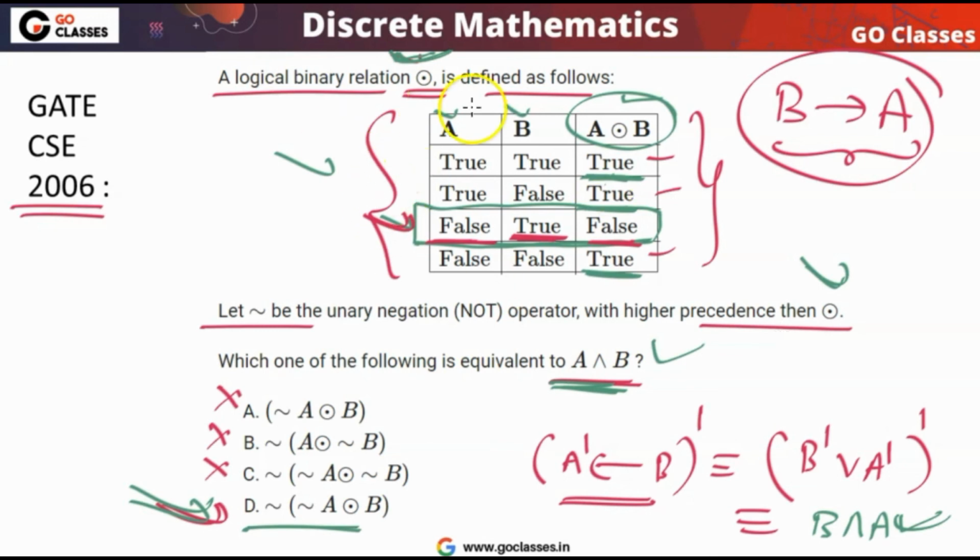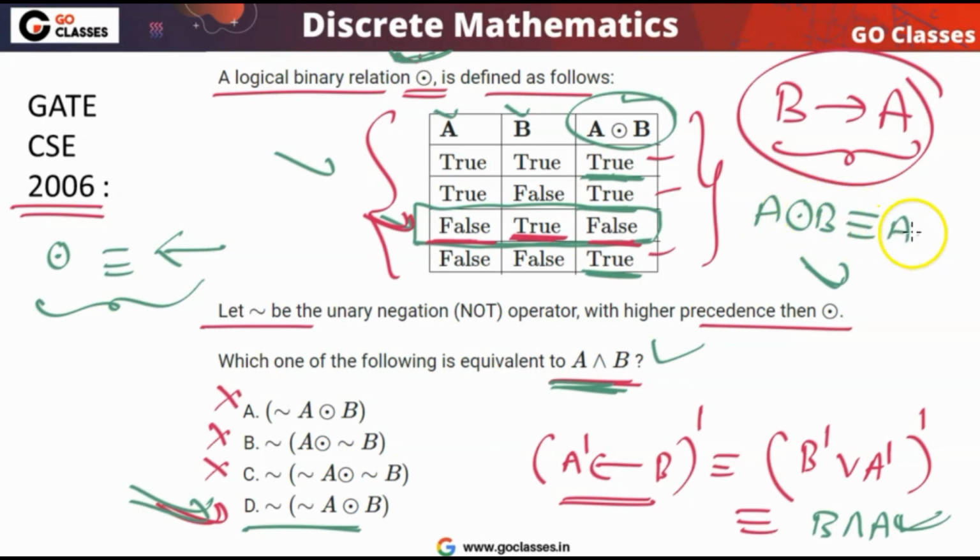Here we found that this operation is backward implication, because A new operation B is equivalent to B implies A. It is a backward implication, not forward implication. So the answer will be option D.